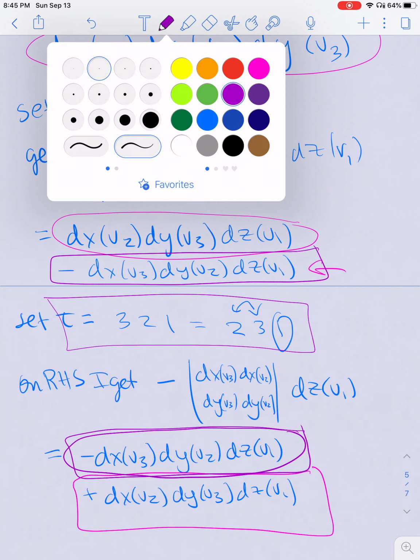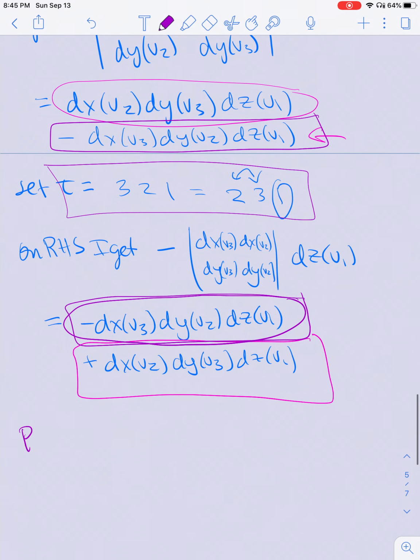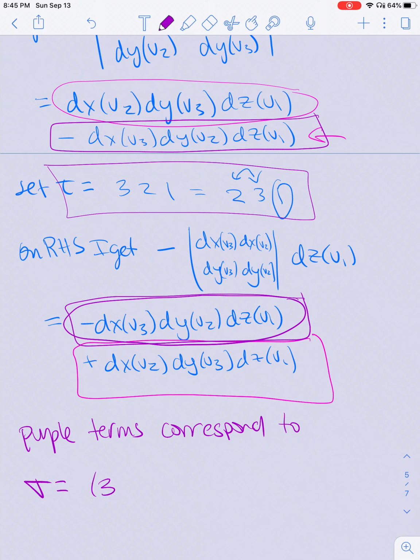But the great thing about the purple terms is the purple terms correspond to sigma equaling the inverse of 3, 2, 1.